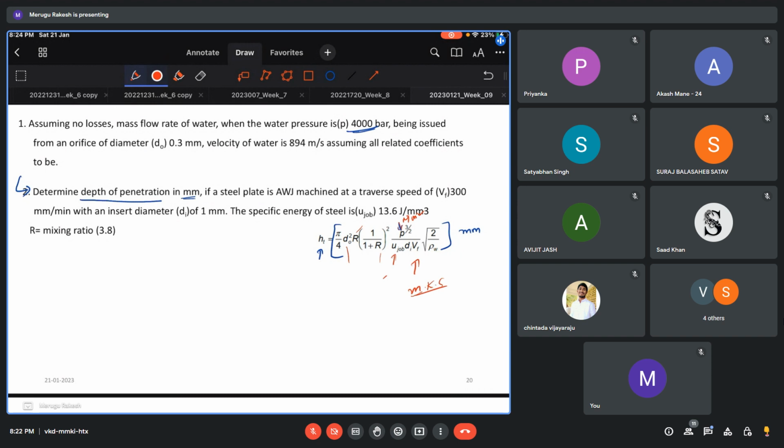This will be in joule per mm cube. You have to convert it into meter cube, so you'll get a factor of 10 power 9. Then this should be in meters, and this also should be in meter per second, and this should be in kg per meter cube.